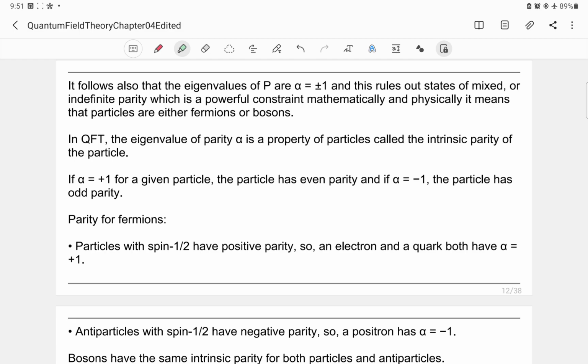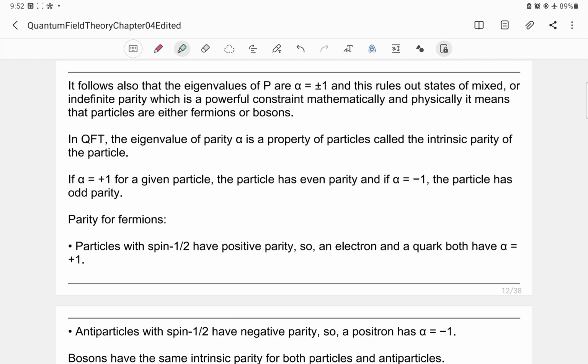If the eigenvalue of parity is positive 1, then for that particle, or for the wave function representing the particle, the parity is even, and if it is negative 1, the particle has odd parity.